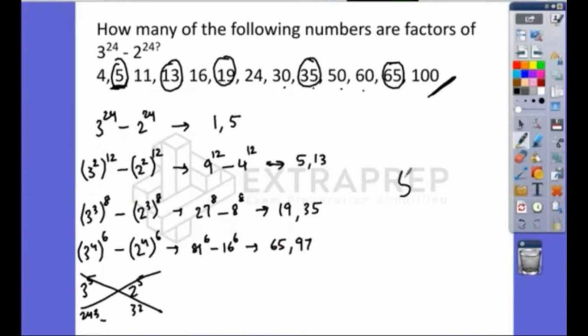How many are there? 5. That's your answer. How did we get them? By being able to write the same exponential value in different forms by breaking up the powers. That's the logic to this question. That's what you'll have to understand and remember.